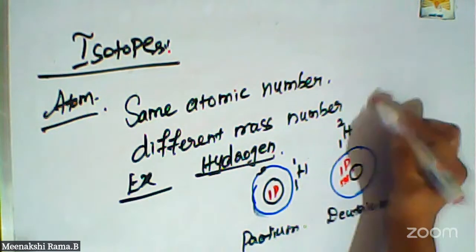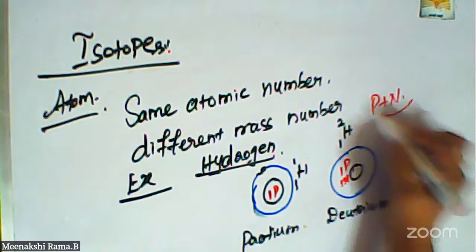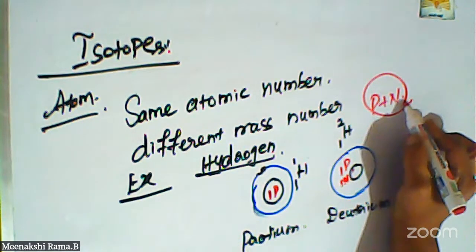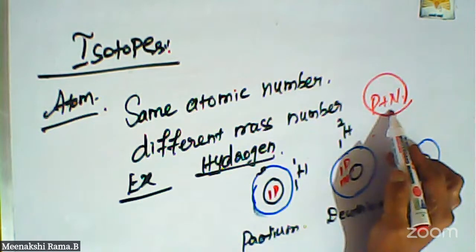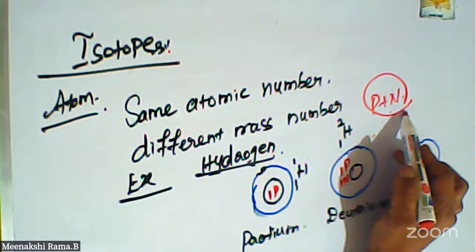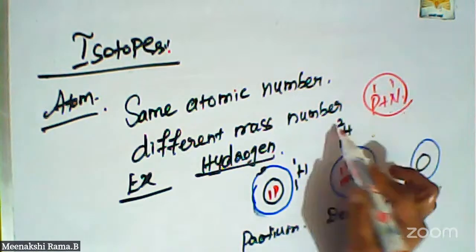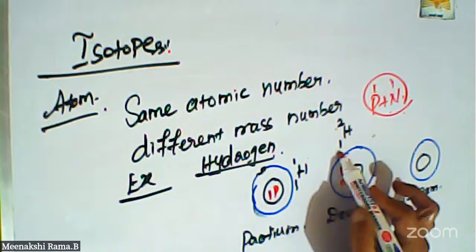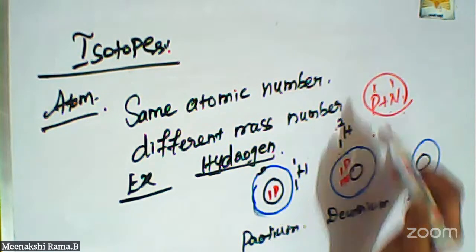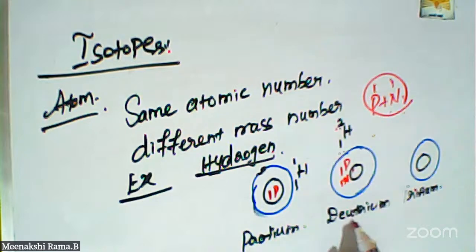By adding protons and neutrons. We calculate the total number of protons and neutrons as the mass number. So 1 plus 1 is 2. The mass number is 2 and the atomic number is 1, so we write subscript 1 and superscript 2 for the deuterium isotope.